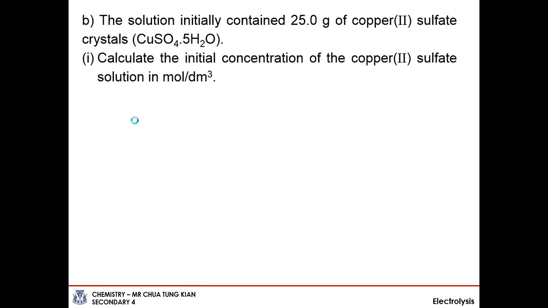Part B. The question says that initially the solution contained 25 grams of copper 2 sulfate crystals, and they even gave you CuSO4.5H2O. So when you calculate the number of moles of copper 2 sulfate crystals, there is a need to include the 5 times 18, which is the molar mass of water. So what is the initial concentration of copper 2 sulfate solution?